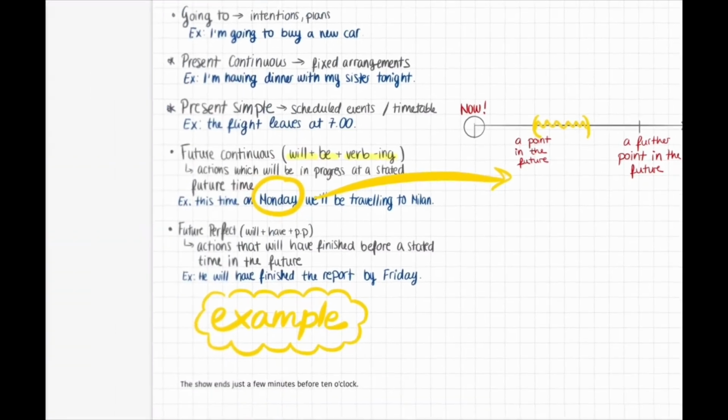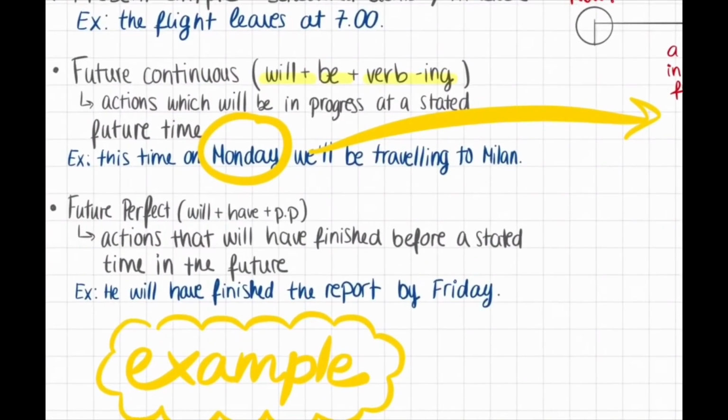Okay, the next one, it's the future perfect, which is formed with will plus have plus the past participle, that is the third column. So we use it for actions that will have finished before a stated time in the future. For example, he will have finished the report by Friday.